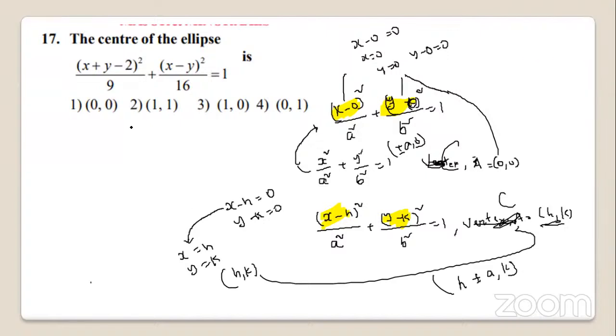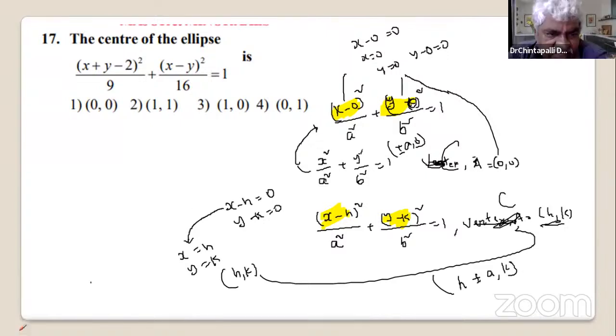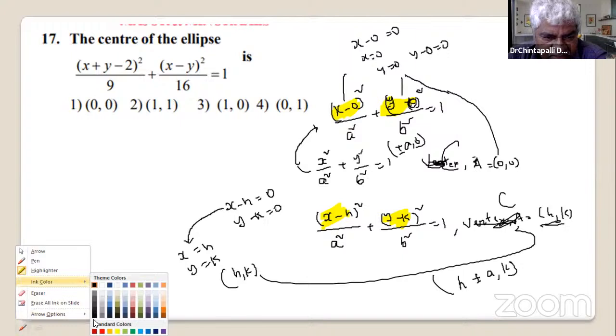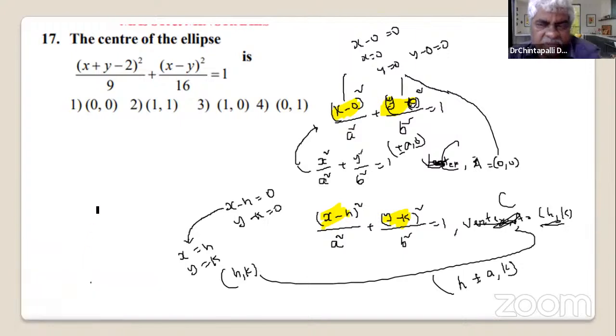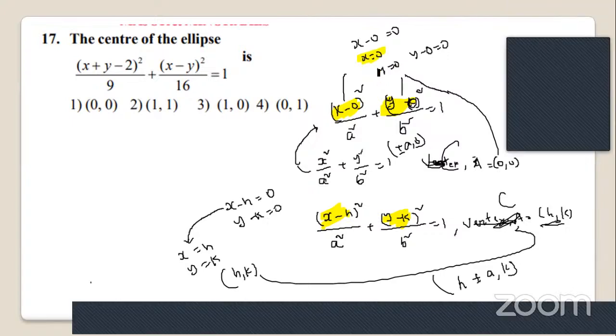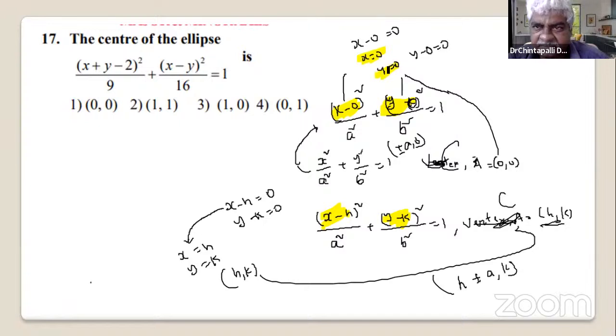So from this equation, what is asked is the center, right? To find the center, we just take the equations. These are two equations, here x is equal to 0. You know the name of x is equal to 0? x is equal to 0 is the y-axis. y is equal to 0 means the x-axis. The point of intersection of the x-axis and y-axis is 0, 0.